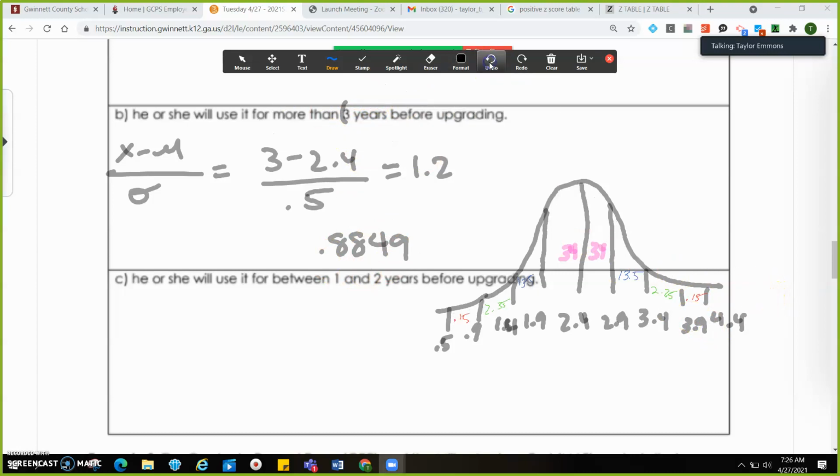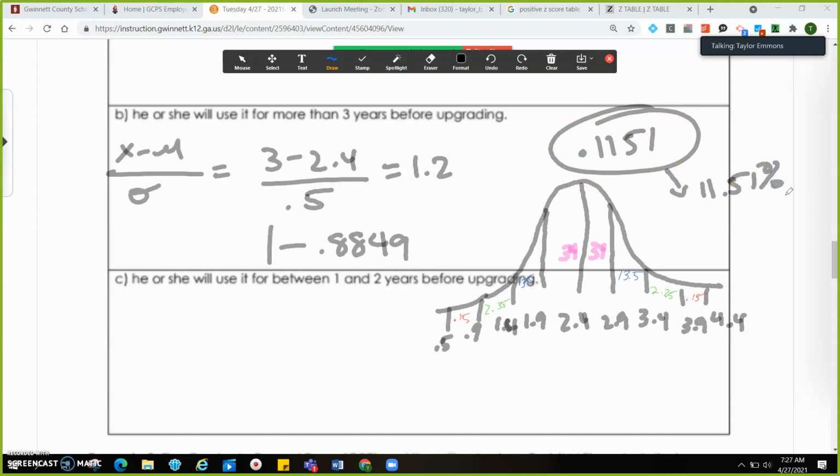So instead of 0.88, we do 1 minus 0.8849, which gives you 0.1151, which turns into 11.51%. If they ever say more than, that's when you use that 1 minus.